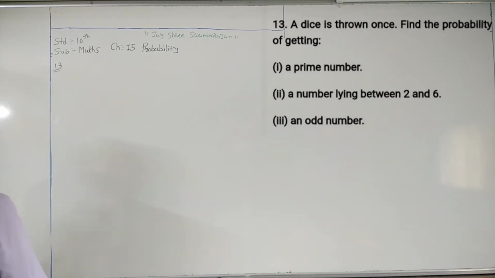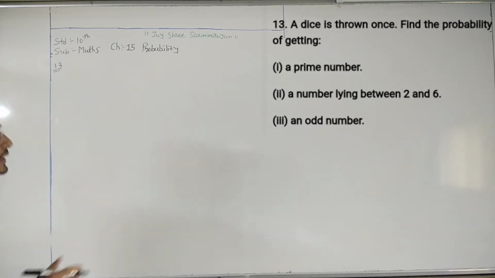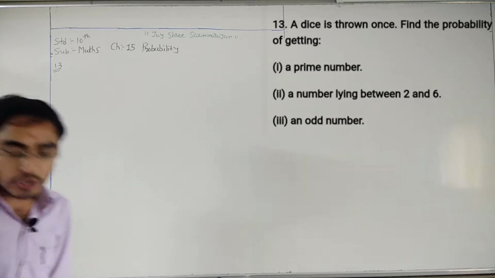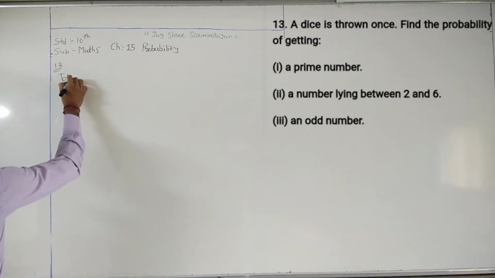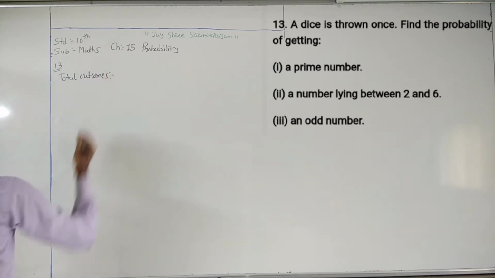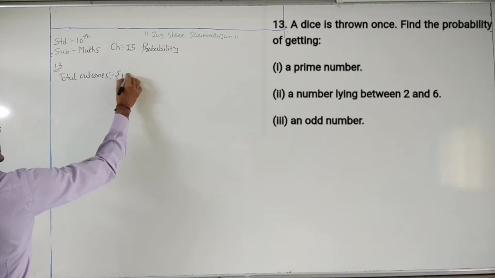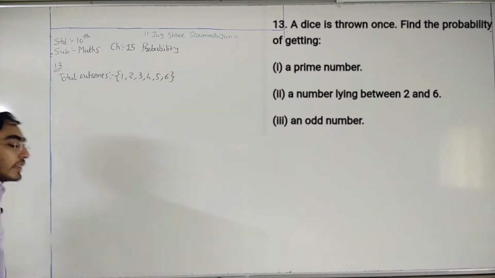Okay, so first of all, if we throw a dice, then how many possible outcomes are there? So total outcomes: 1, 2, 3, 4, 5 and 6, right?